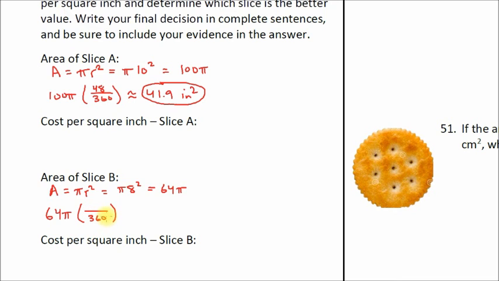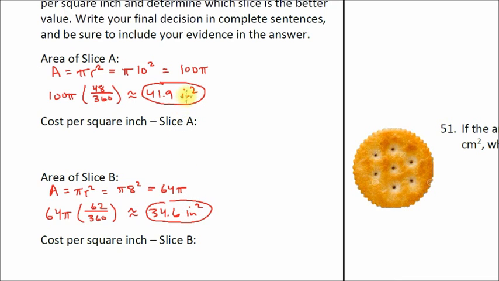And the central angle on slice B is 62 degrees. 64 pi times 62 over 360 is approximately 34.6 inches squared.